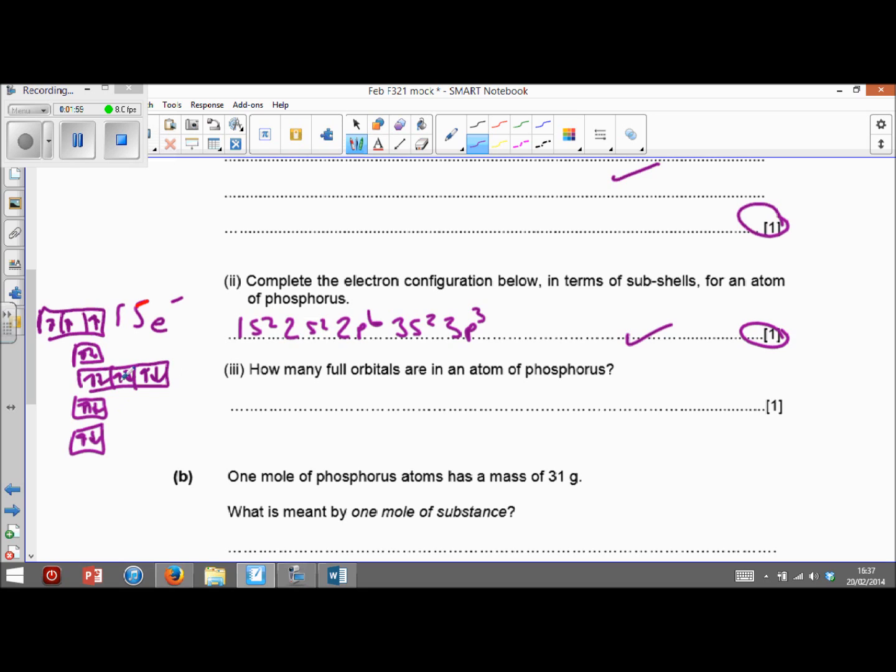So 1, 2, 3, 4, 5, 6. The 6 full orbitals. So 1, 2, 3, 4, 5, 6. These aren't full. You've only got 1 electron. So your answer for this is 6.